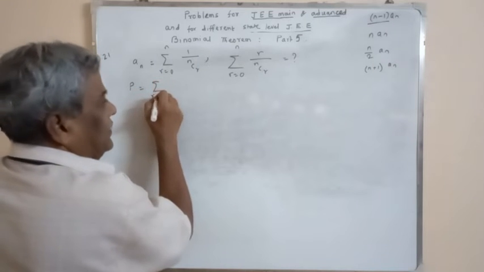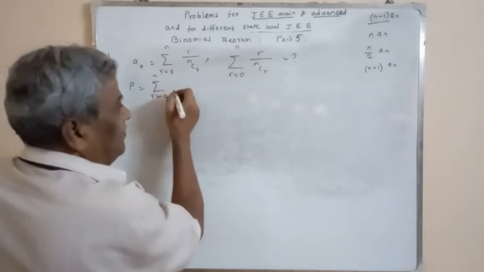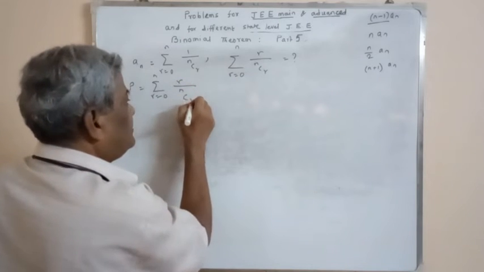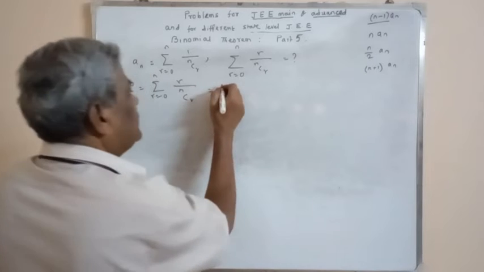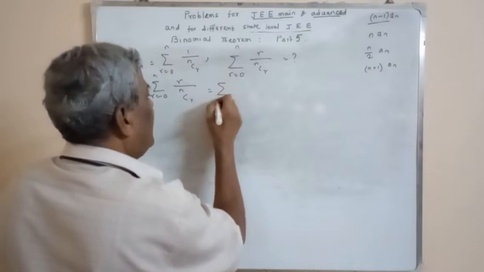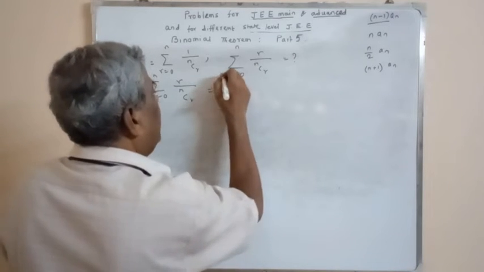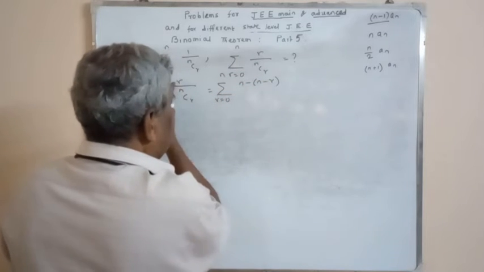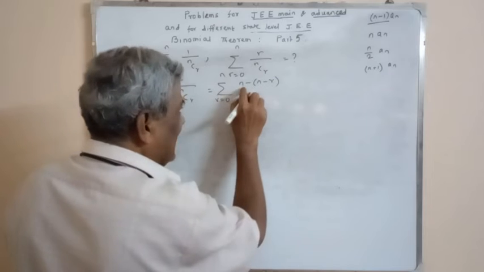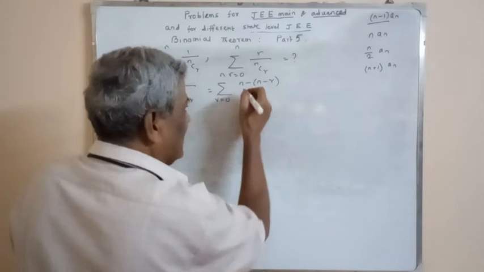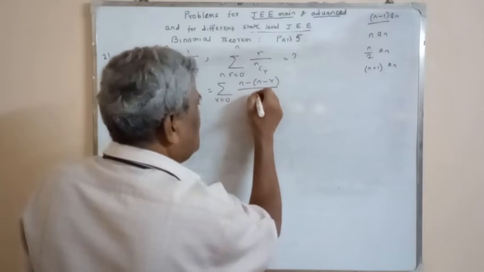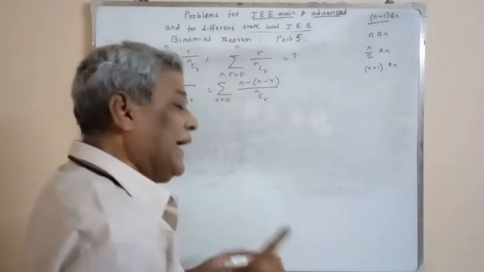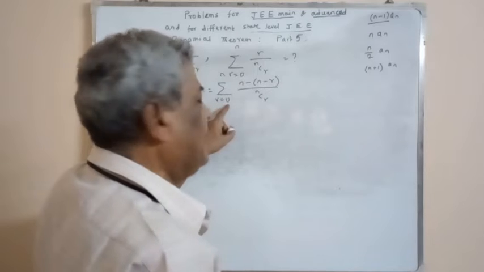Summation of r is equal to 0 to n r by nCr is equal to summation of r is equal to 0 to n of n minus r, so I can write it as n minus r by nCr. Here you see n is constant, r is variable.